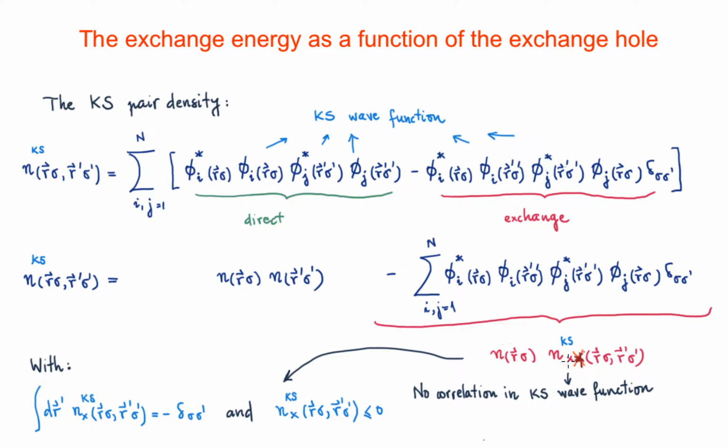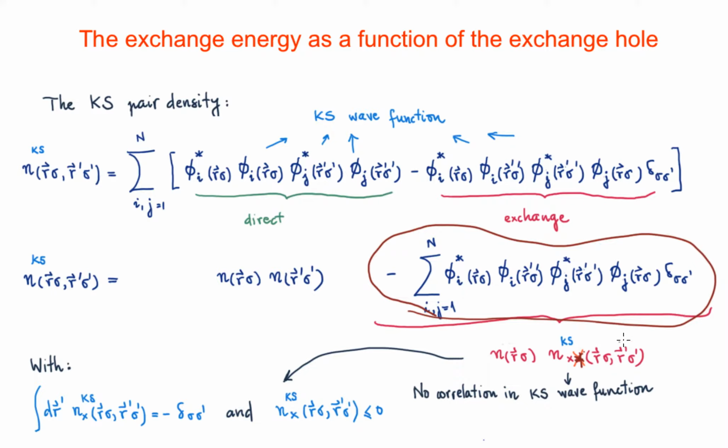So here we have an expression for the exchange hole in terms of the constant wave functions. The density times the exchange hole within the constant approximation is given by that expression.